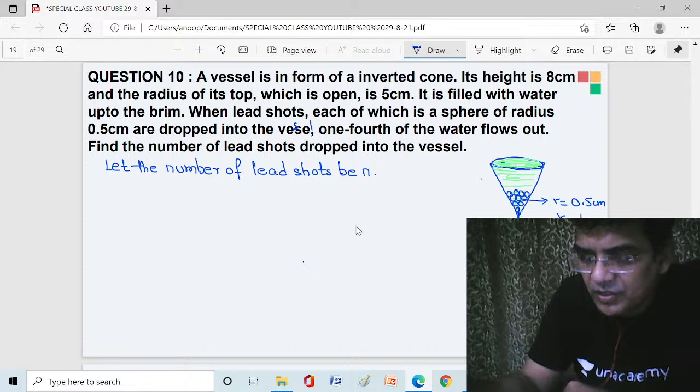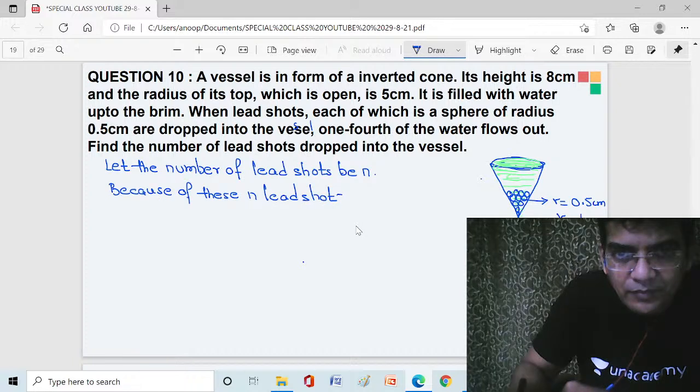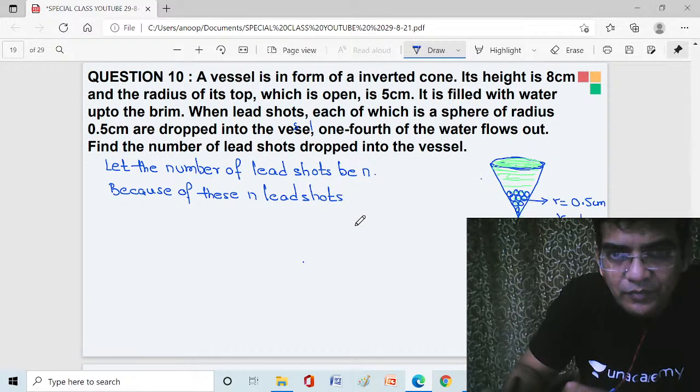Now because of these n lead shots, they are saying 1/4 of the water overflows from the vessel.